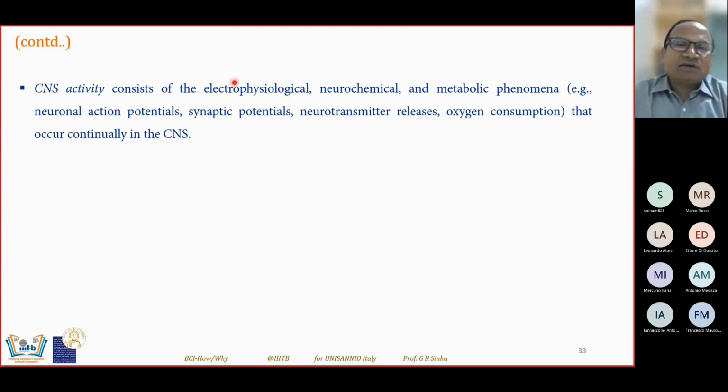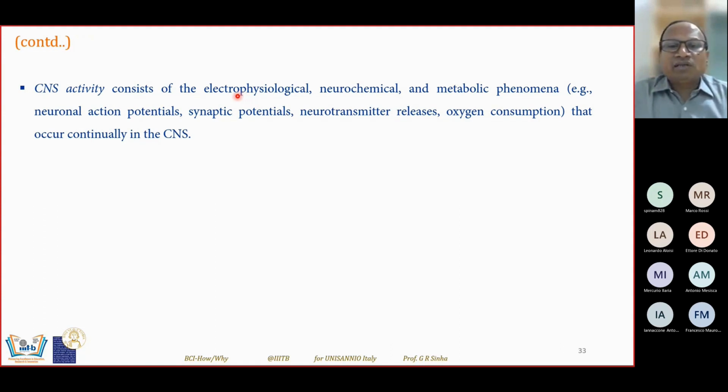CNS activity consists of the activities which are happening inside the brain. CNS activities consist of electrophysiological activity. If you can recall what I was talking about, some laboratories where we are working, there were biological, neurological, physiological, neurophysiological parameters. These parameters are very important in order to study the brain and CNS activities.